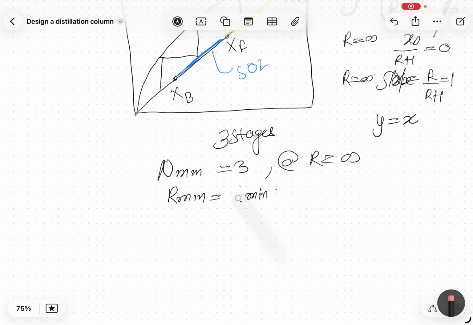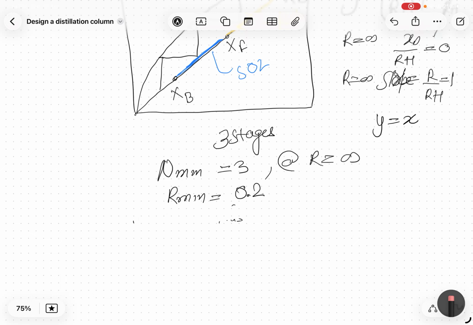Real case scenario means you also have the data in numbers and you are ready with chart paper. So I will make R minimum equal to 0.2. You guys might know how we calculate it normally. You don't always use chart paper.